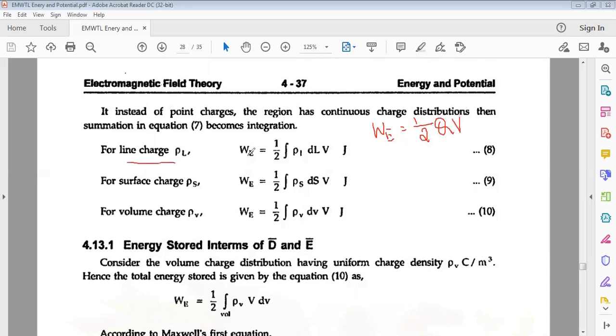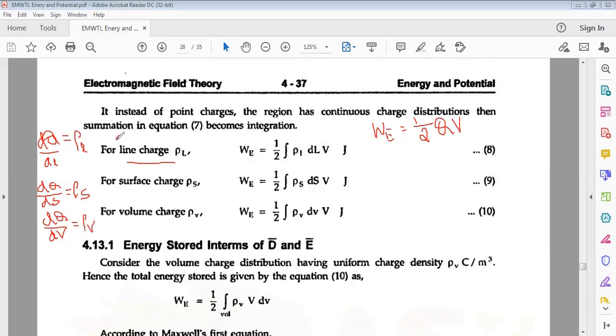Add the line charge. What is the line charge saying? dq is equal to the change of charge with respect to the length, dl, which is rho l. For the surface, the change of charge with respect to the surface is the charge density rho s, and the change of charge with respect to the volume is rho v, the volume charge density.